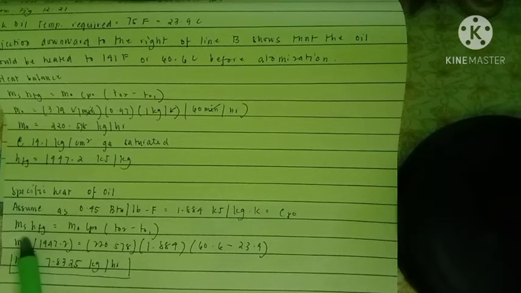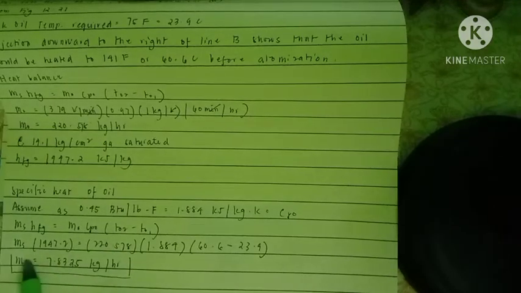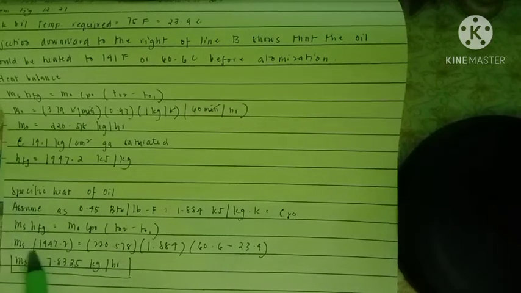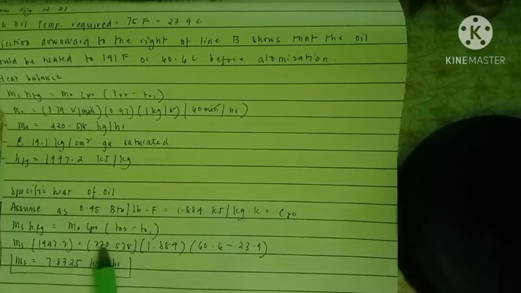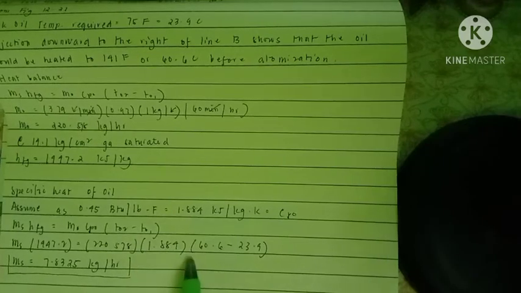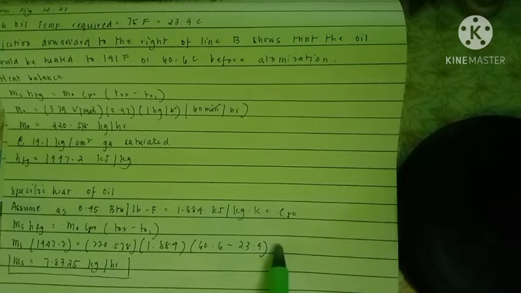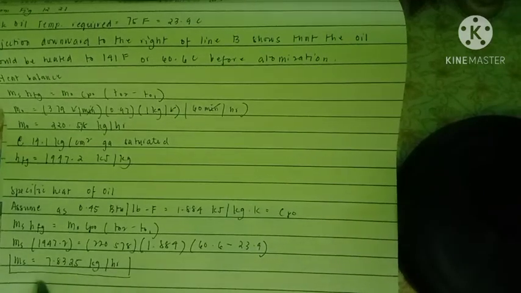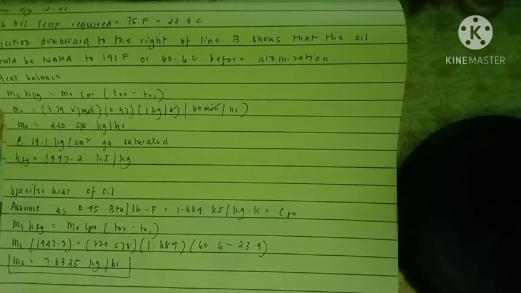So from the formula, substituting our values, M_s times 1947.2 is equal to 220.578 times 1.884 times the delta T, or 60.6 minus 23.9. So M_s now is equal to 7.8325 kilograms per hour. So that's all.